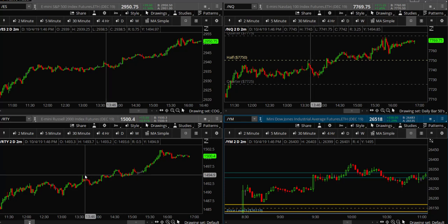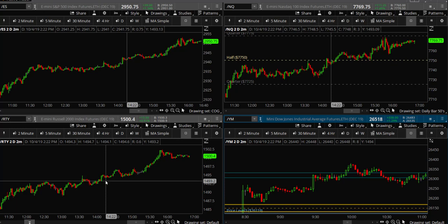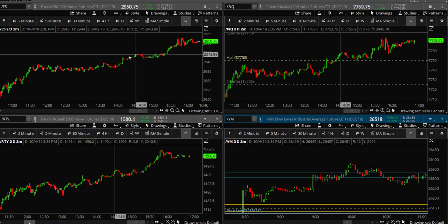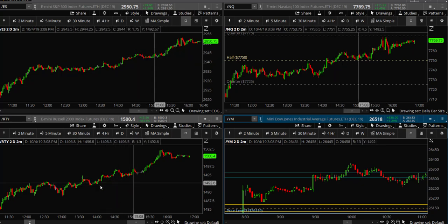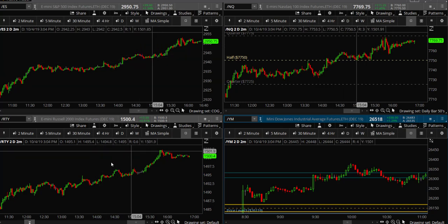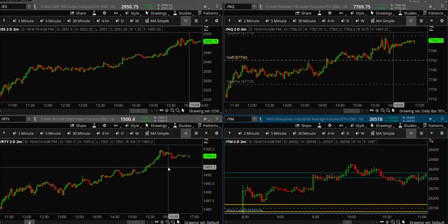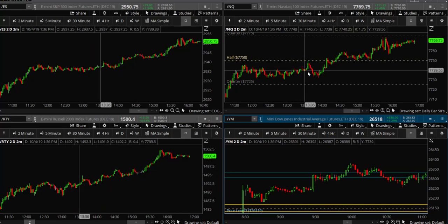When it was rejected here, if the Russell was leading and it had begun to fall and not find support here, it would lead us lower, break this level while these would still be moving up. And this would be my early warning that, hey, don't trust the rally because it's not being backed up by the smaller markets. I've seen it again and again and again, but what I'm looking for is confluence.